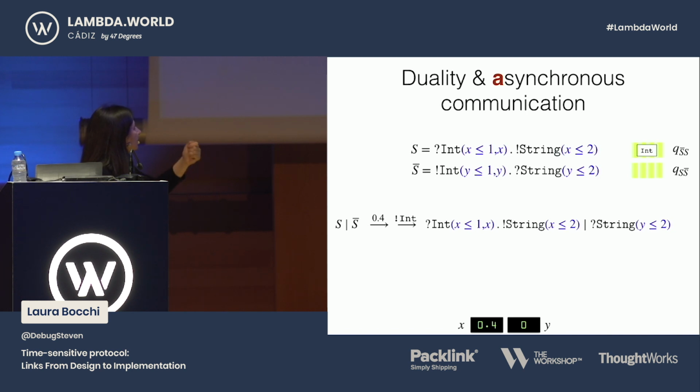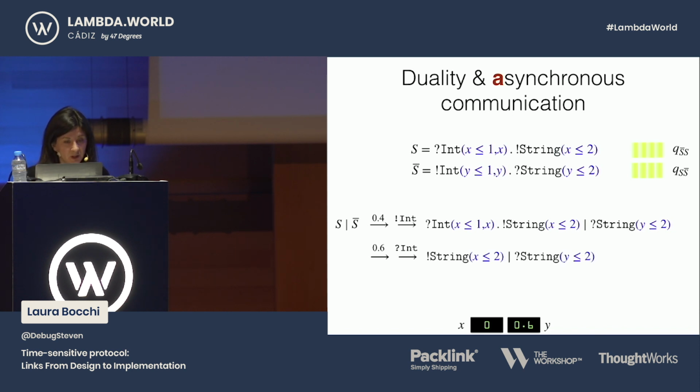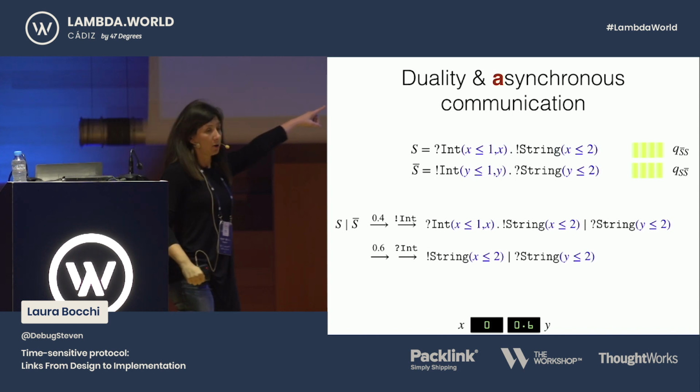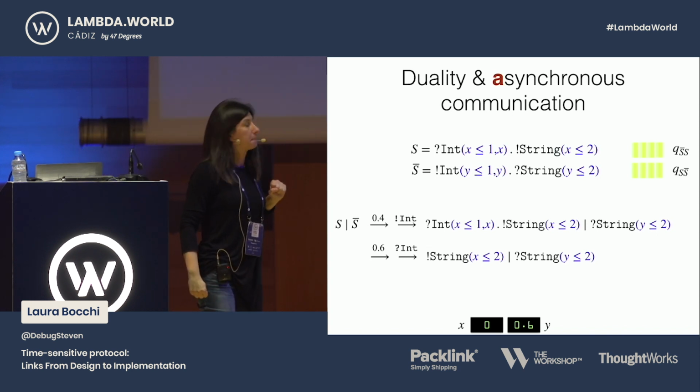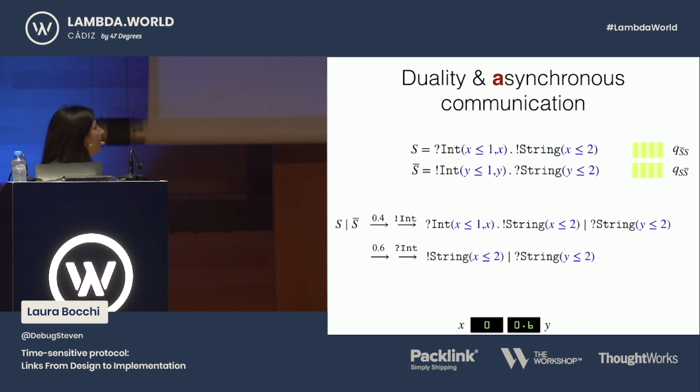After that, it's S's turn to receive the integer, but this can be done at any time that satisfies the constraint x smaller than or equal to 1. So we can wait another 0.6, and now you see the clocks have different values as time proceeds because of this reset. And then S receives the message, which is taken from the queue, and resets the clock. Okay? And next is S's turn to send the string.